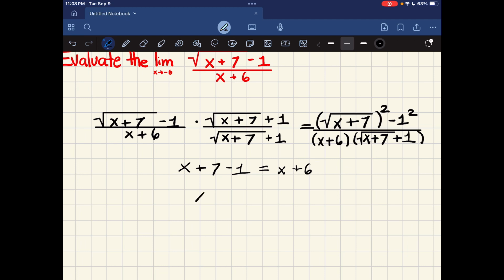So x plus 6 over x plus 6 times the square root of x plus 7, plus 1.